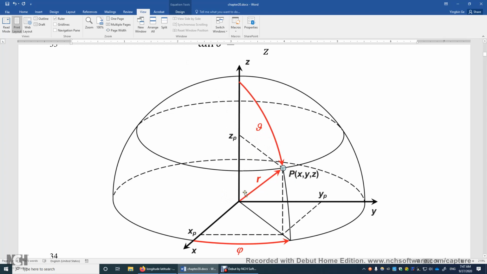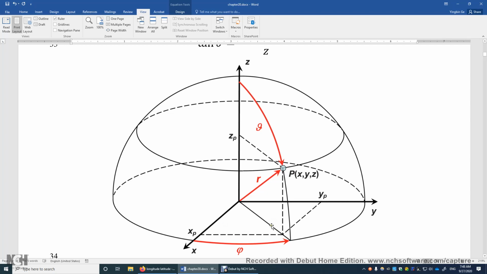And then if we project this r vector onto the xy plane, we have this vector. And this vector can be defined by the length of the vector and its angle with the x-axis. So the angle between the projection of r on the xy plane, so this vector, and the x-axis, we have another angle.